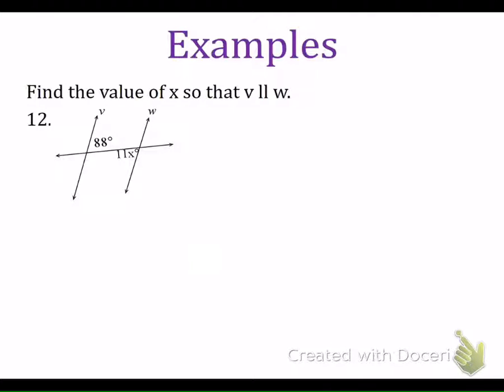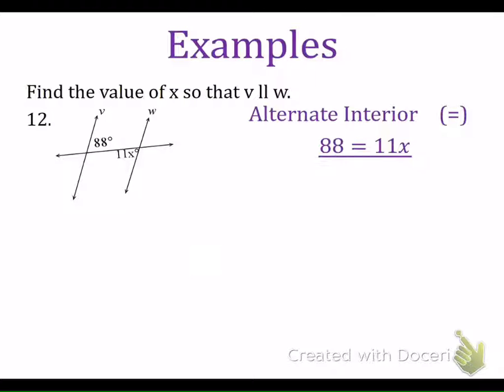If the lines are parallel, they have to be congruent. So I'm going to set those equal and find the value that x would have to be. In order for the lines to be parallel, x would have to be 8. Questions? All right, we can keep it moving for the next ones.